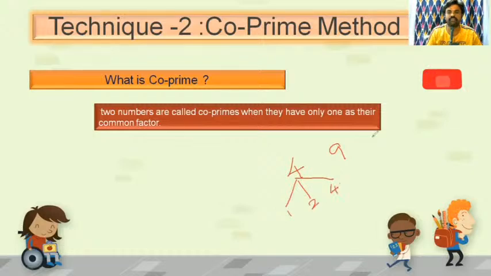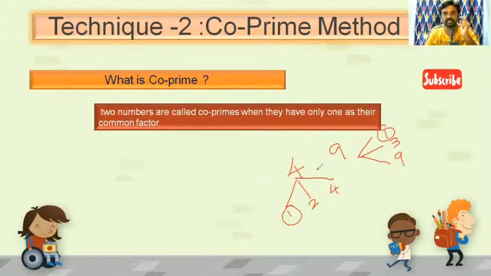And the factors of 9 are 1, 3 and also 9. Just compare those factors and take only the common factor. The common factor is only 1. So 4 comma 9 have only 1 as a common factor, so these 4 comma 9 are co-primes.